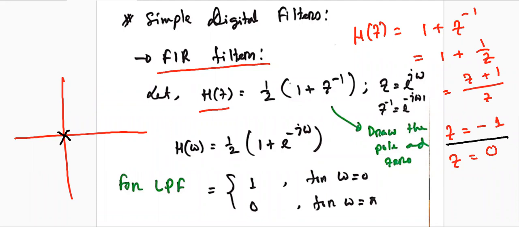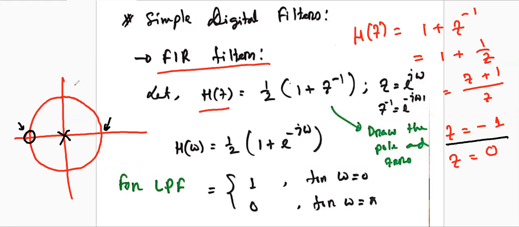On the unit circle, if I draw the unit circle, the zero location is at z equals minus 1, because z equals plus 1 is this point and z equals minus 1 is this point. z equals plus j is this point.